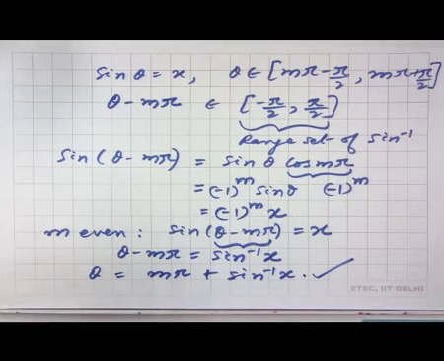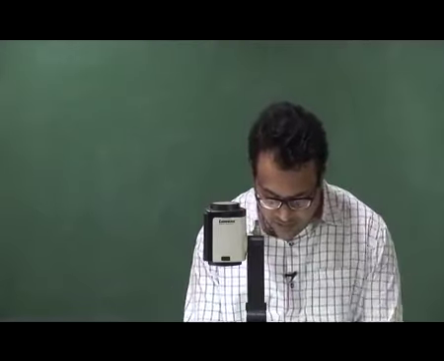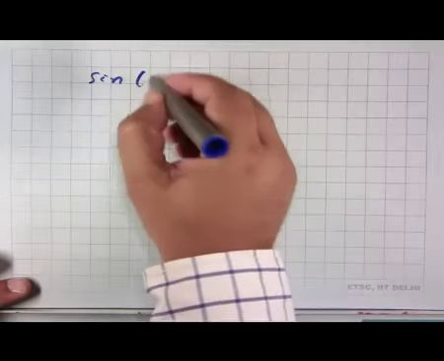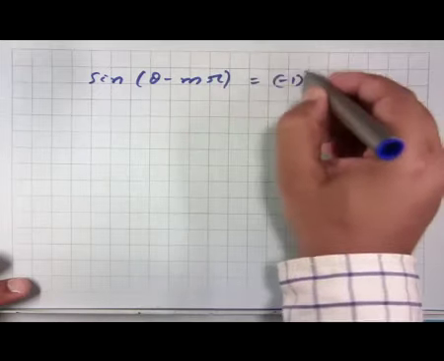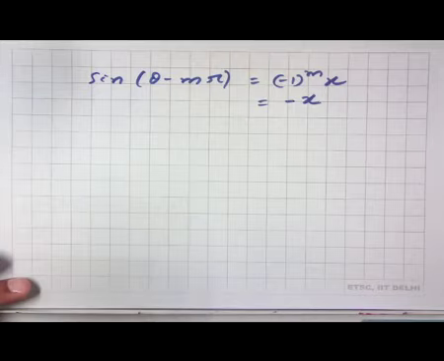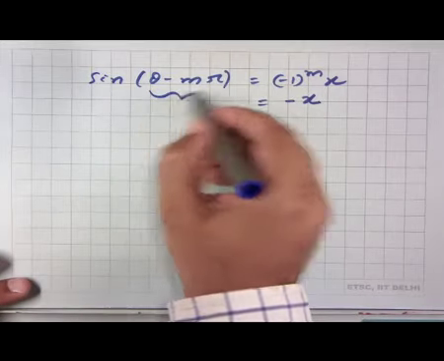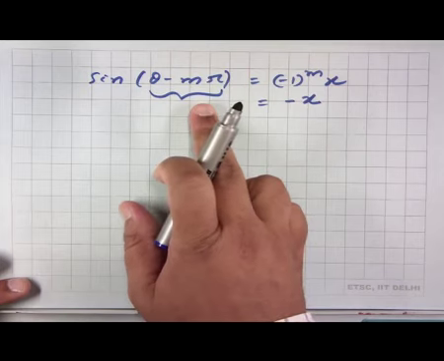So, in the case where m is even, this is the solution. And then for the case of odd m, it is going to be similar. For odd m, sine of theta minus m pi equal to (-1)^m times x is simply minus x, and we already know that theta minus m pi belongs to the range set of sine inverse.